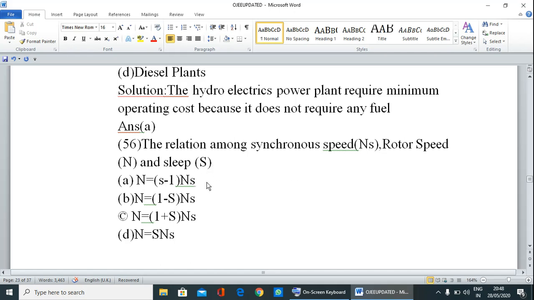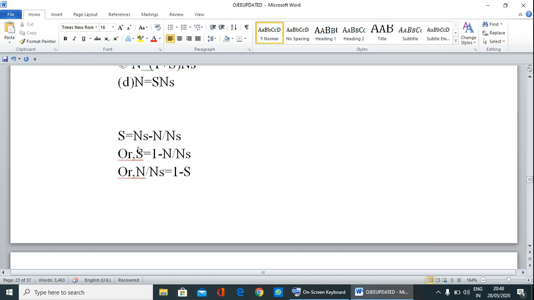Already we know that slip is equal to synchronous speed minus rotor speed divided by synchronous speed, that is s = (ns - n)/ns. Let us find this relationship: we divide both terms by ns, that is ns by ns and n by ns.